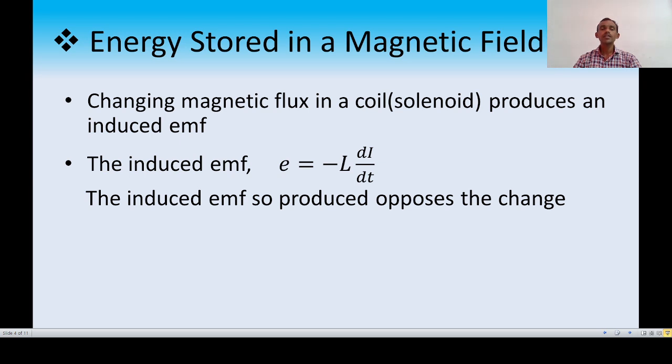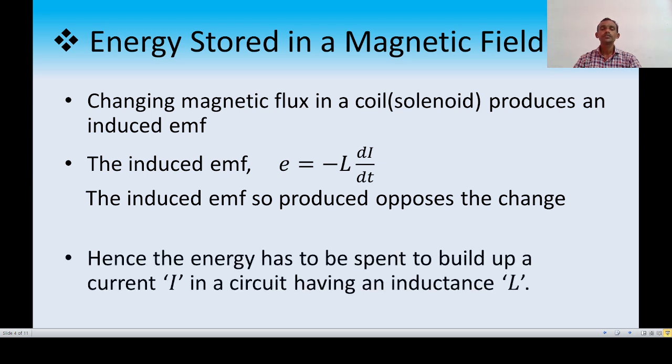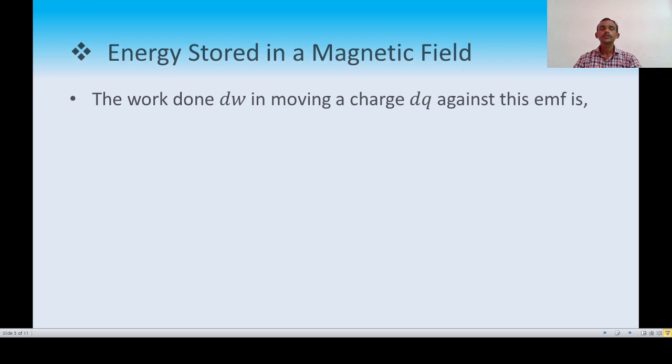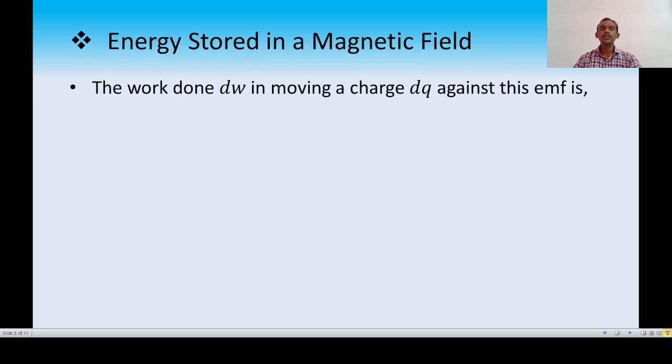Hence, energy has to be spent to build up a current I in a circuit having an inductance L, and this energy can be estimated with the help of work done. The work done dW in moving a charge dq against this EMF is given by dW is equal to minus E into dq.